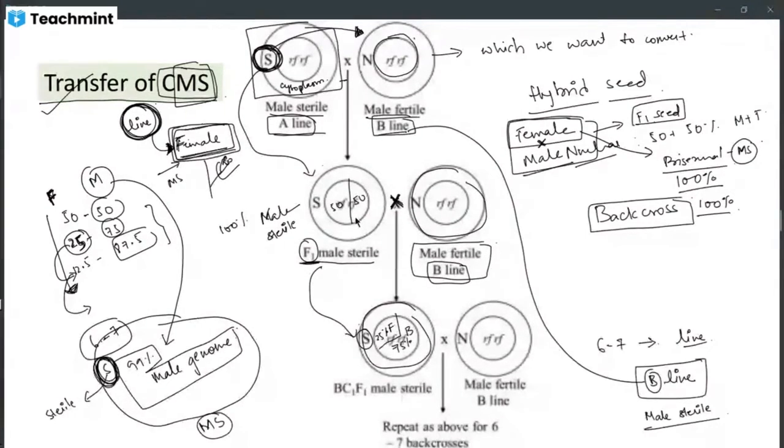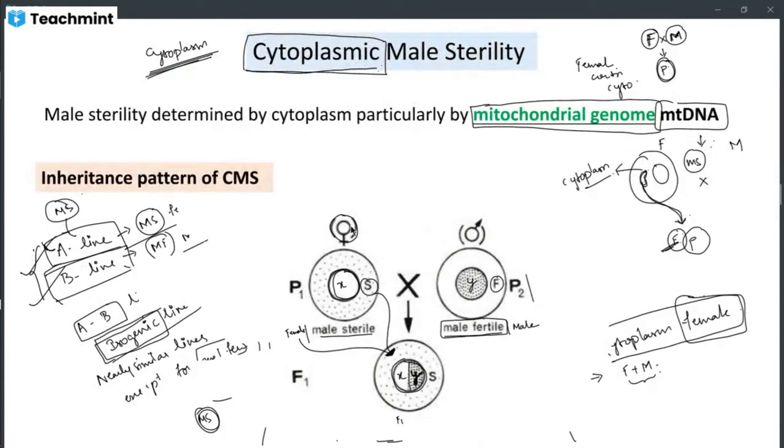So this is your cytoplasmic male sterility, right? In case of cytoplasmic male sterility, the F1 will always be male sterile, and the reason being, cytoplasm will always come from the female side.